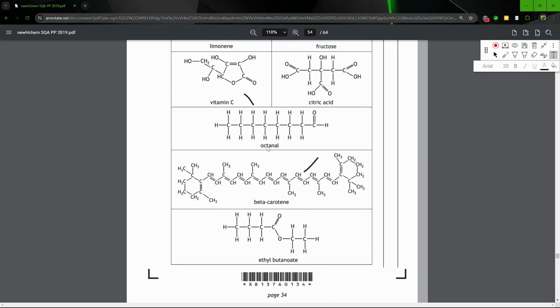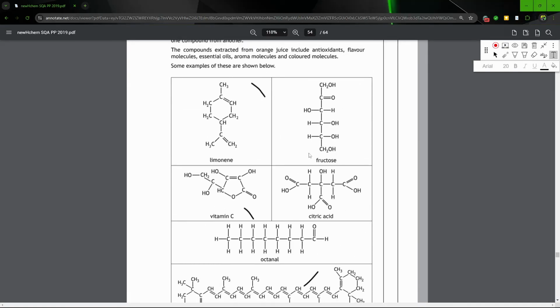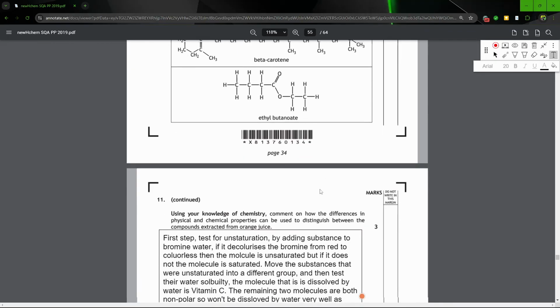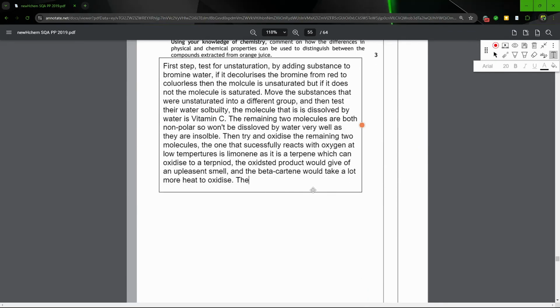So, first thing we're going to do is that citric acid is an acid. Then move to the saturated compounds and test pH.